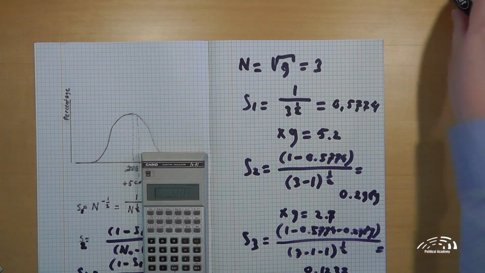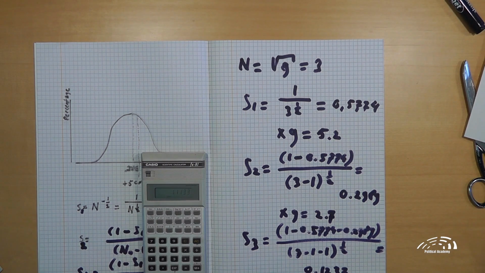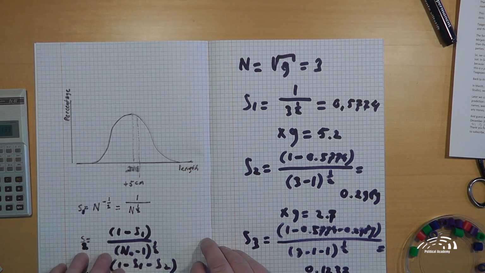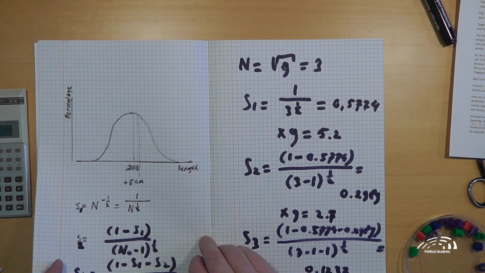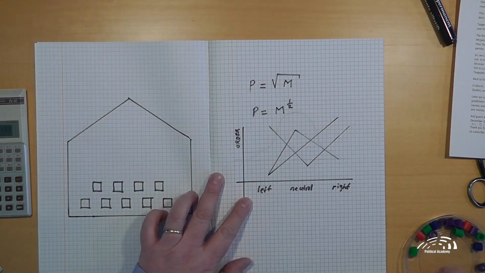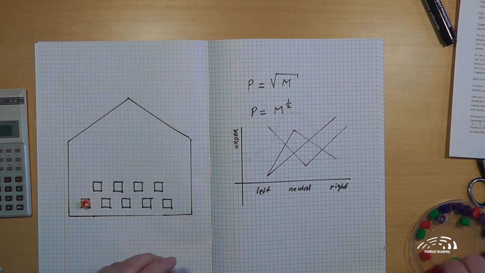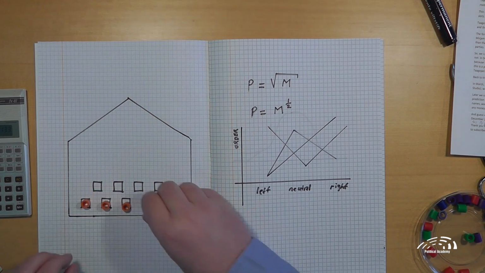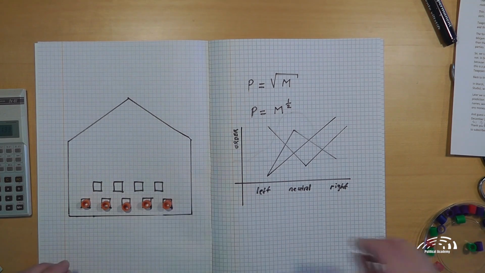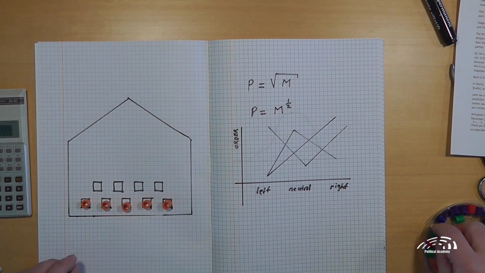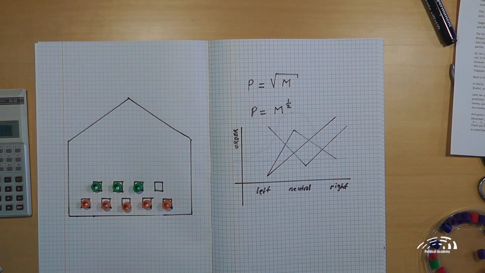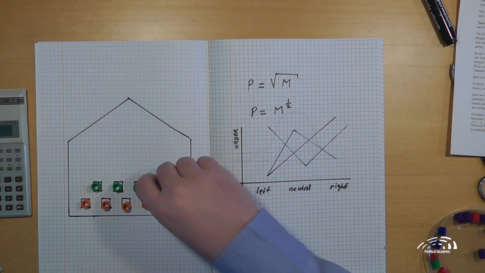So, if we go back to the beginning, now we know the distribution of this town council of 9 seats. Party 1 has 5 seats, party 2 has 3 seats, and party 3 has only 1 seat.